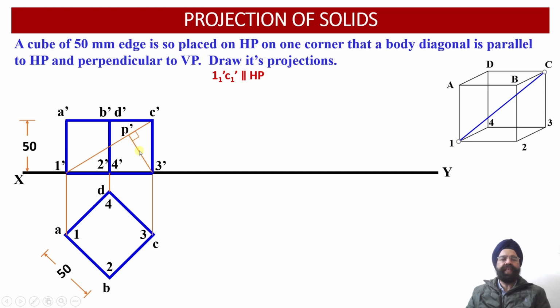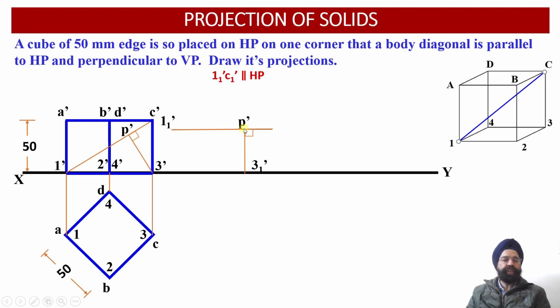This distance will be equal to 3 dash P dash. So here you can check, this point has been marked as 3 1 dash and this point as P1 dash. This distance we have marked the same as we obtained in the previous elevation projection view.